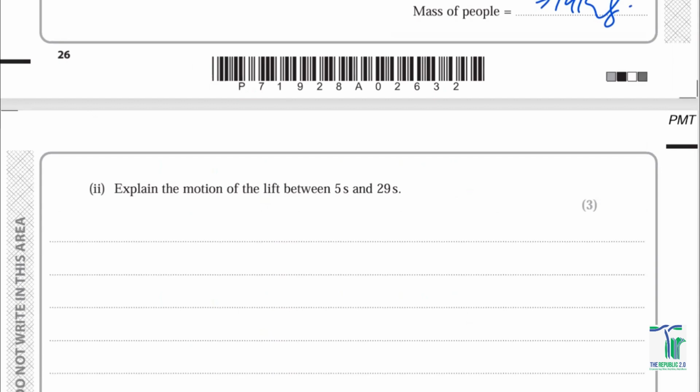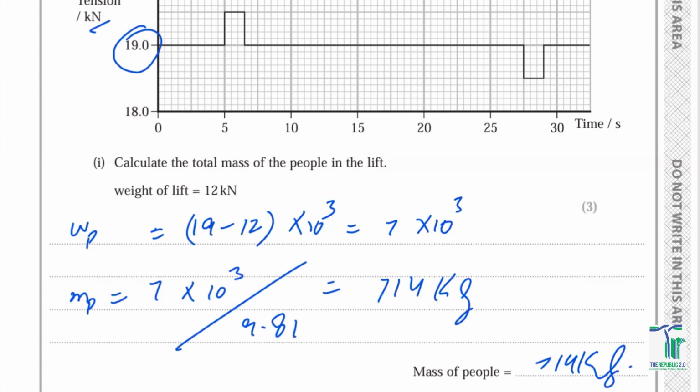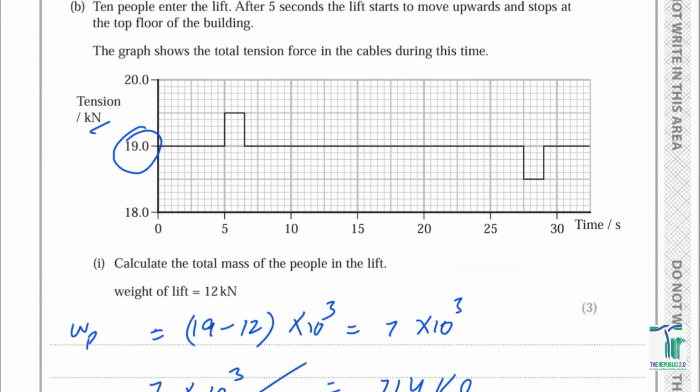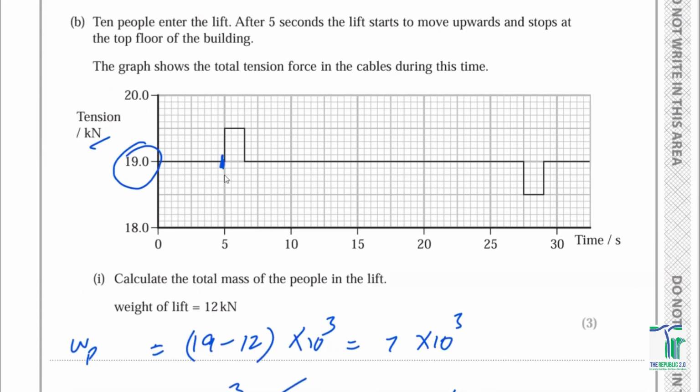Explain the motion of the lift between 5 seconds and 29 seconds. So you can see that 5 seconds starts from here, and until we have got something like this, which is 6.5.